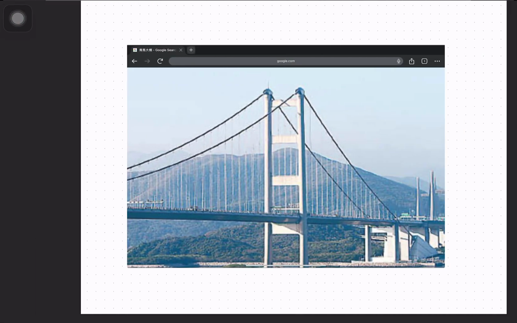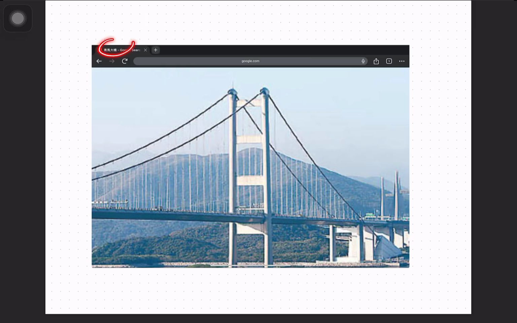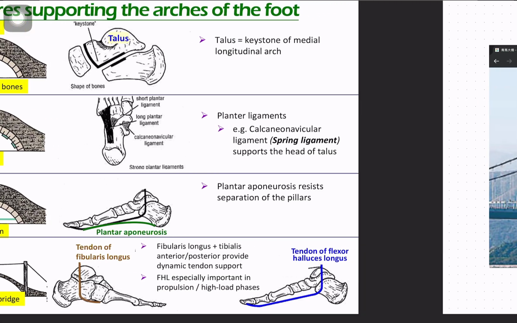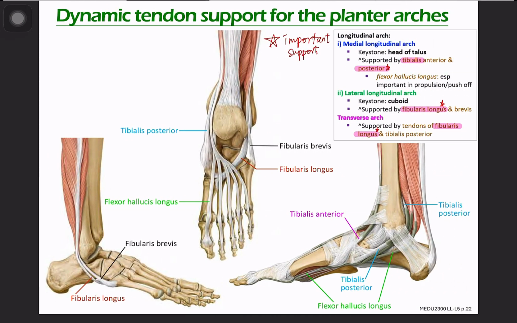We also have suspension bridges in Hong Kong, like Tsing Ma Bridge, and you can see that a lot of suspension provides support to keep the bridge in shape. We have a similar measure to support our plantar arch as well, which is the tendons of the leg muscles, because their tendons run either under the foot, like the fibularis longus, or their insertion point is on the medial or lateral longitudinal arch, which also provides support to the arches.